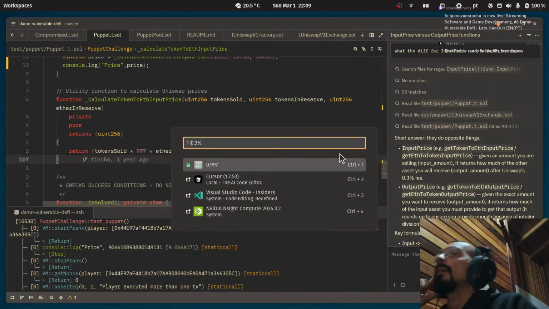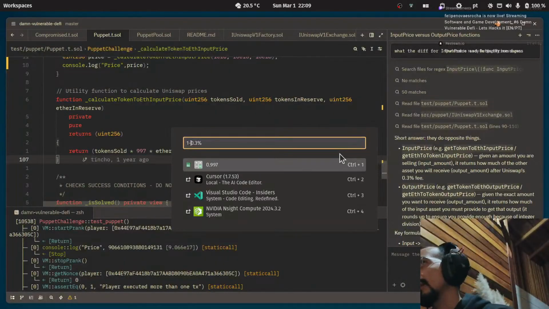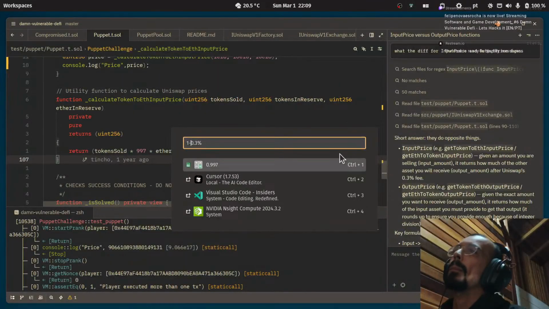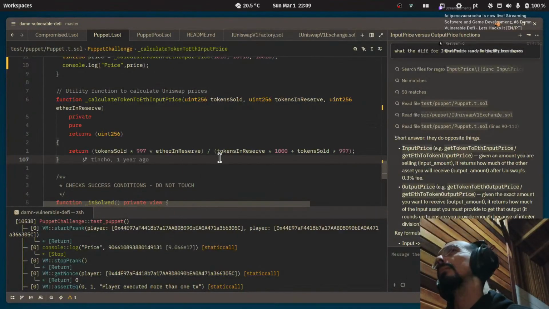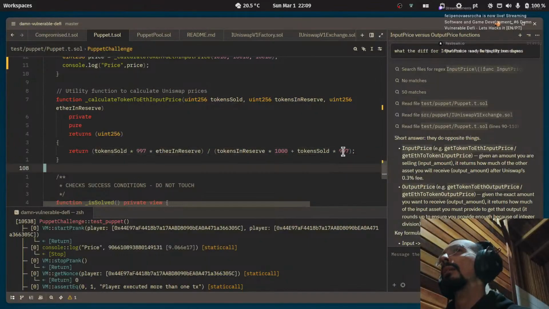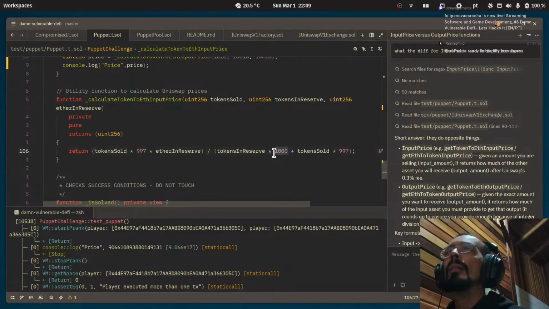Yeah, so 1 less, this should be 0.9997 for each one, right? For each token, they multiply by this. Yeah, I think the 1000 increase here is to avoid zero problems.